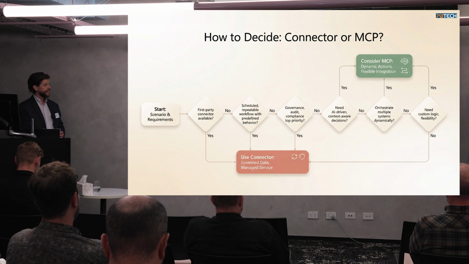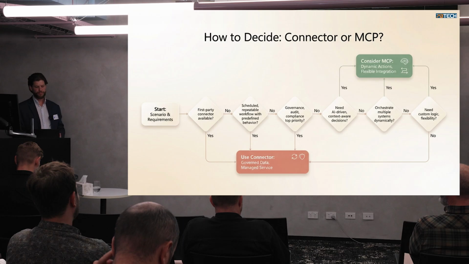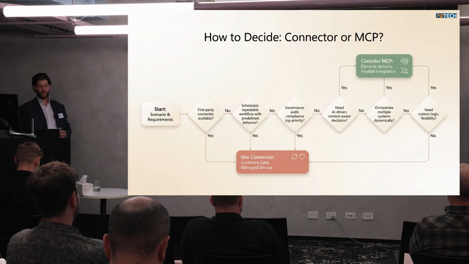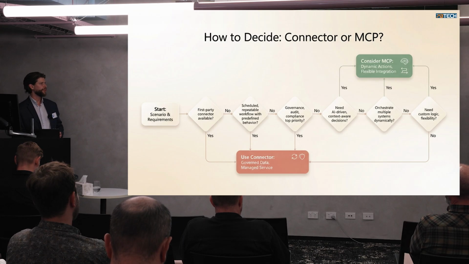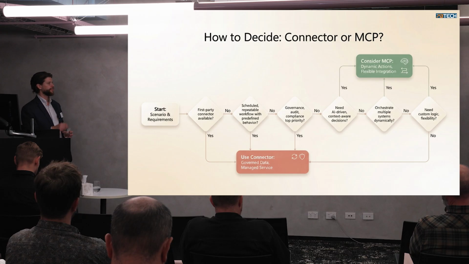So, is a connector available is probably the first question you would ask, like the ServiceNow one. If yes, then you could use the connector if it's a predefined workflow. If it's not, you could ask yourself, is this a repeatable workflow that I'm trying to build? If it is, and there's a connector, then definitely use one. If governance, audit, and compliance is your top priority, then that might be something that comes shipped with a connector too.